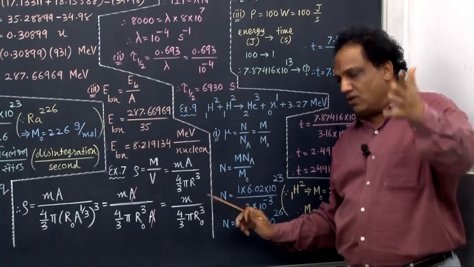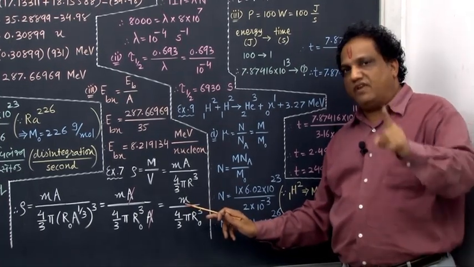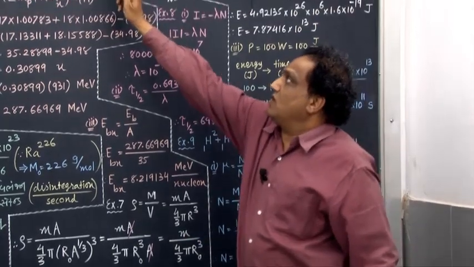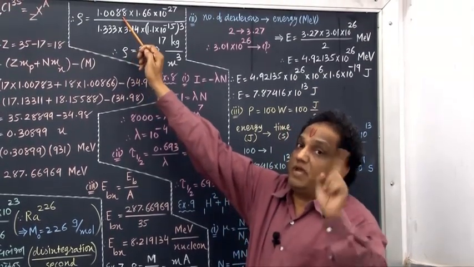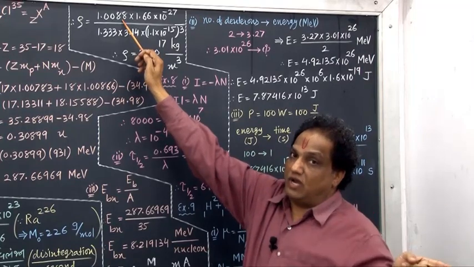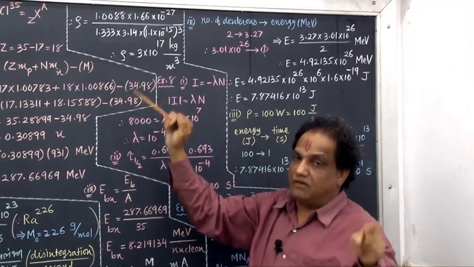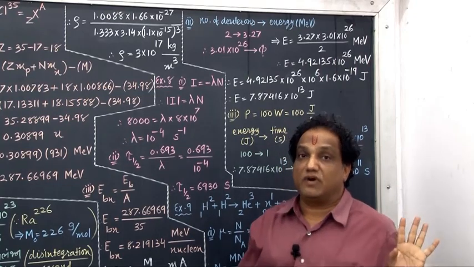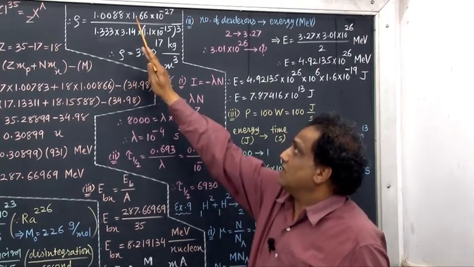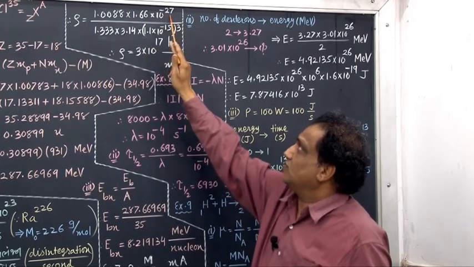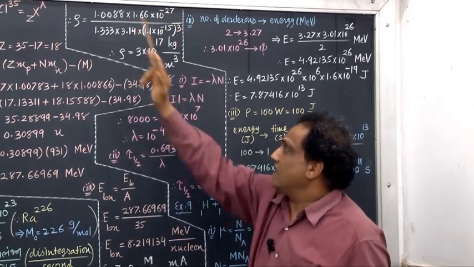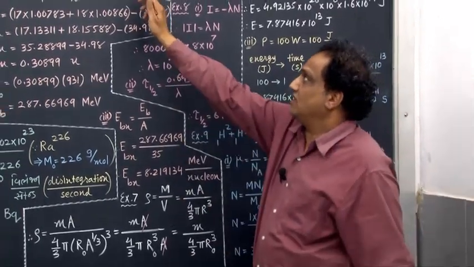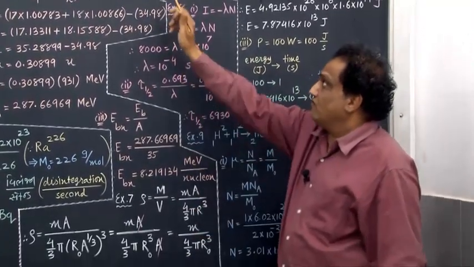Now just substitute the values. The average mass of one nucleon, which they have given, is 1.0088 atomic mass unit. Convert it into kilogram. They have given the conversion relation: multiply that value by 1.66 into 10 raised to minus 27 kilogram. Divided by 4 upon 3, which is 1.333, pi value 3.14.